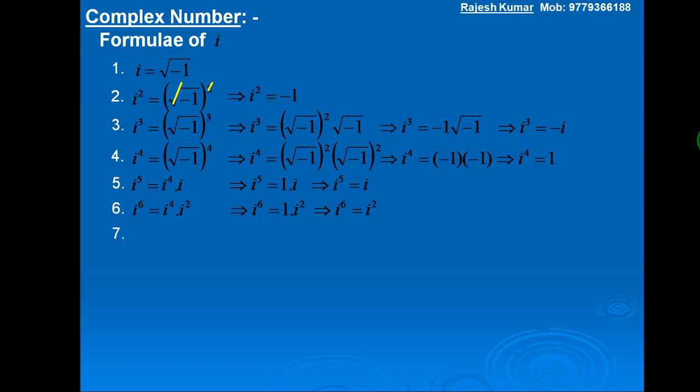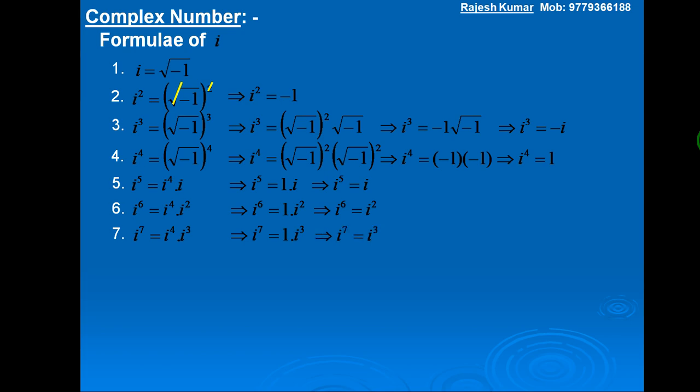Now seventh one, iota to the power 7 is equal to iota to the power 4 into iota cube. This again implies iota to the power 7 is equal to 1 into iota cube.